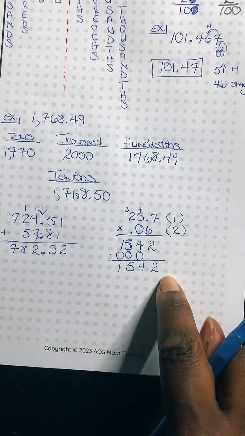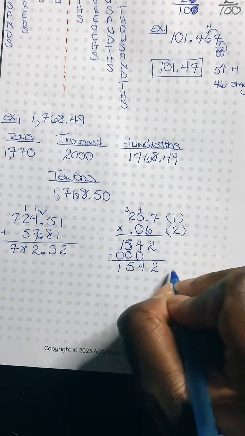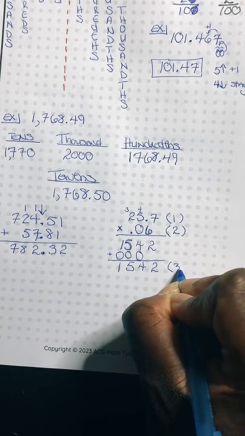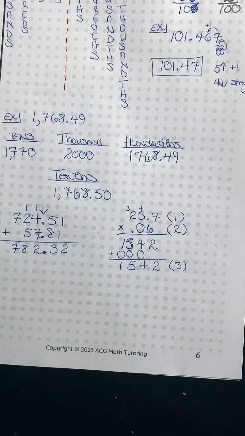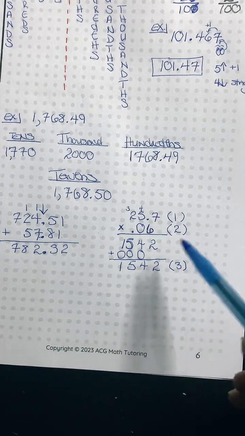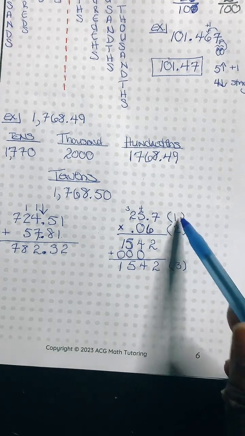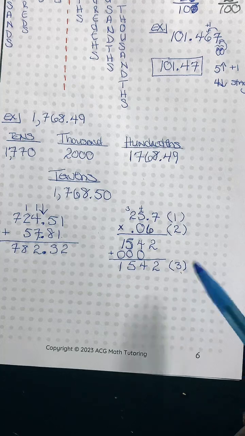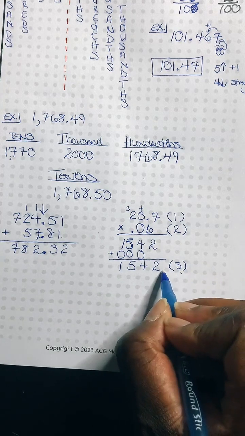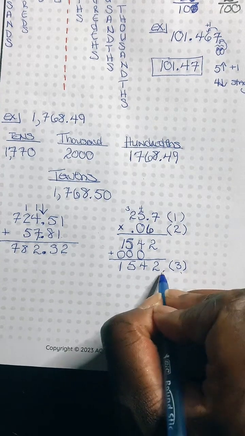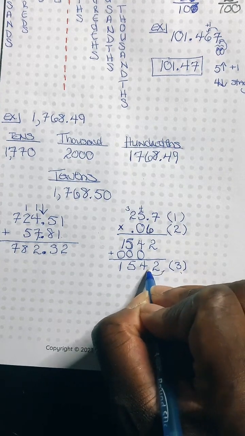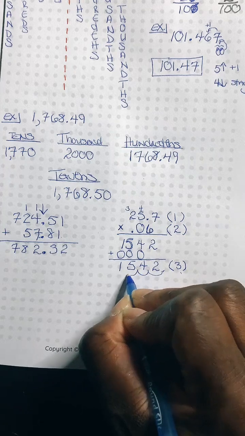So that's telling me that my answer should have 3 decimal places. So when you're multiplying, you're basically adding how many decimal places that you have. We always start all the way at the end, behind the 2, and then we're going to move it over: 1, 2, 3.